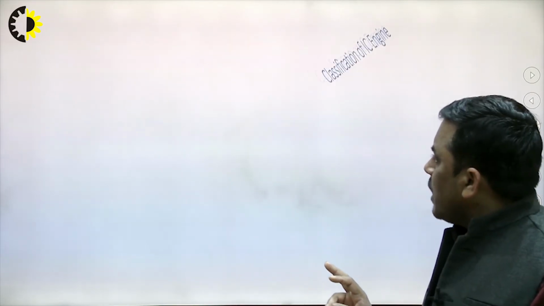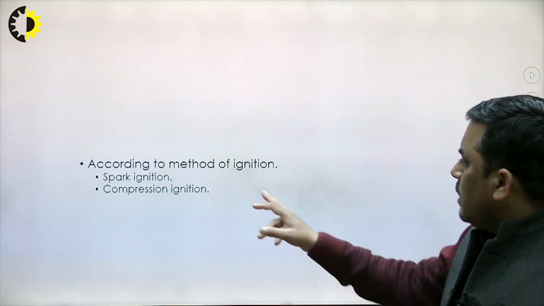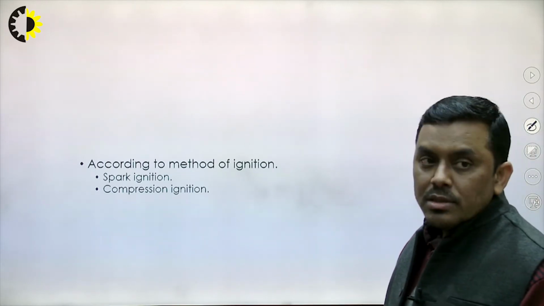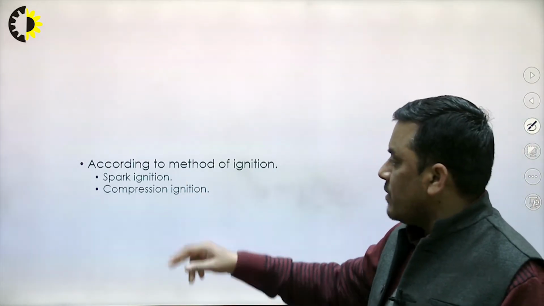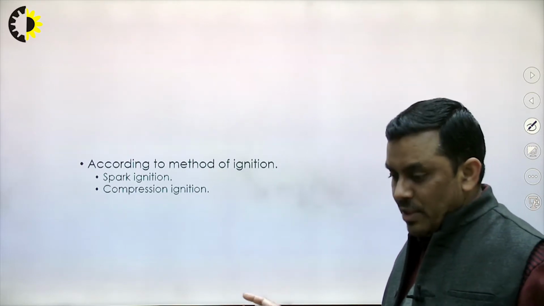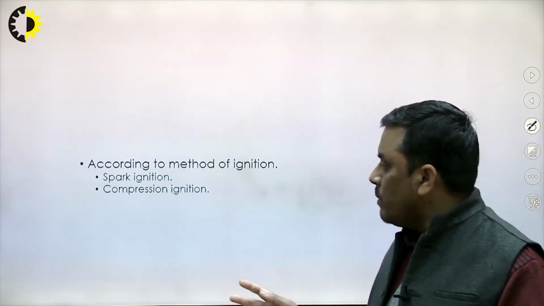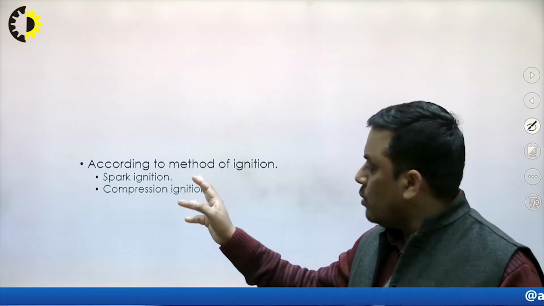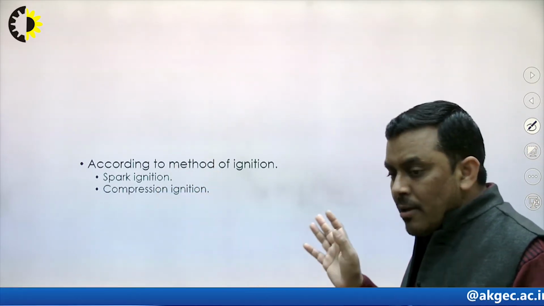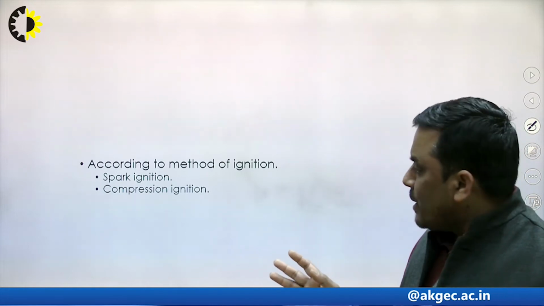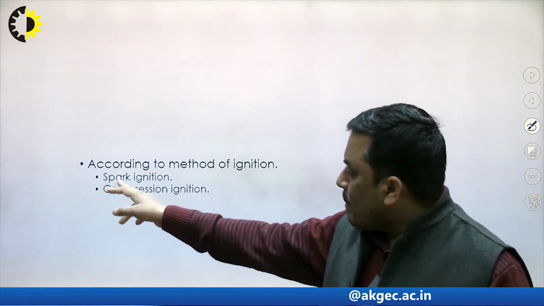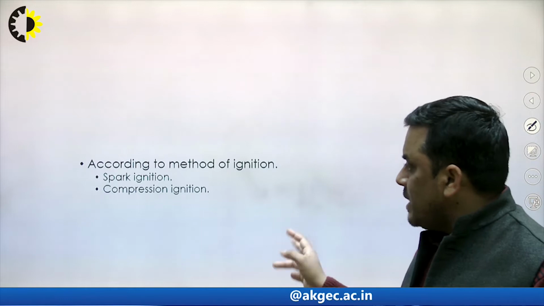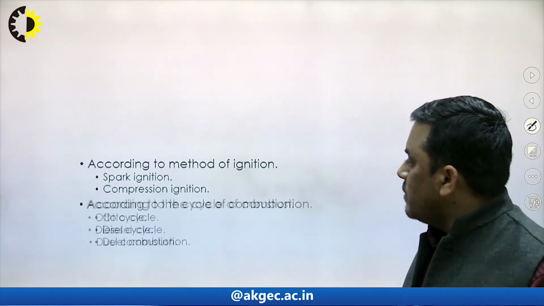There are some more classifications, according to the method of ignition: spark ignition and compression ignition. Obviously the fuel is inside the cylinder and it has to be burnt, so by what means are we burning it? Either by producing a spark, or by self compression, where the temperature is increased. So, compression ignition and spark ignition are the means by which ignition takes place.